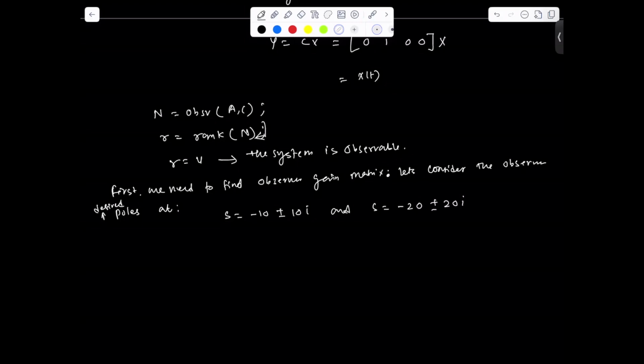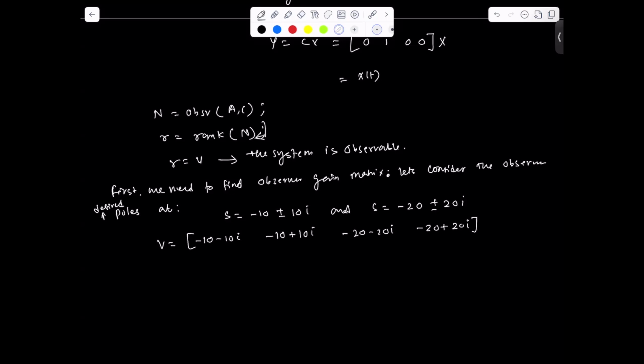So now we can form the vector V, the desired poles of the observer: -10 minus 10i, -10 plus 10i, -20 minus 20i, -20 plus 20i.